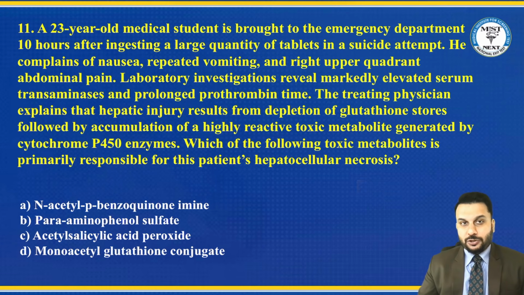The treating physician explains that the hepatic injury results from the depletion of glutathione stores, followed by the accumulation of a highly reactive toxic metabolite generated by the cytochrome P450 enzymes. Which of the following toxic metabolites is primarily responsible for this patient's hepatocellular necrosis?